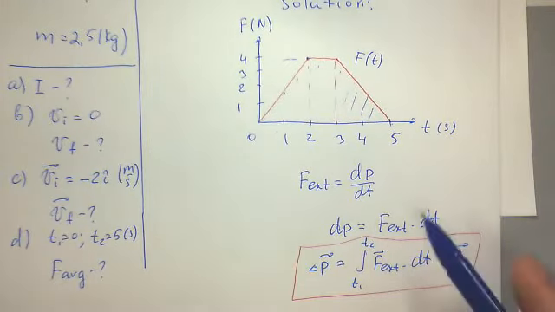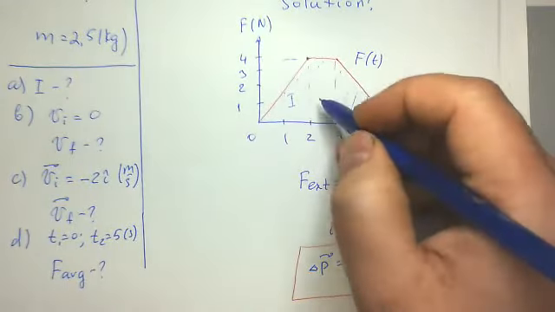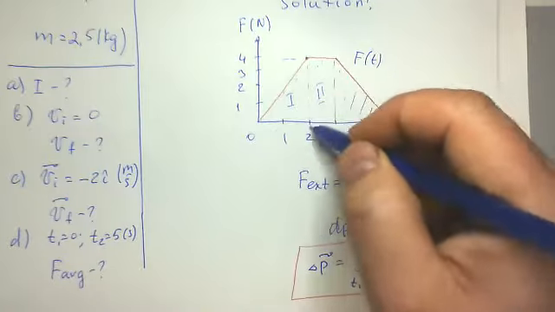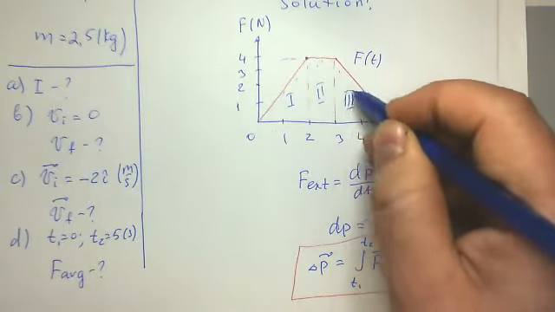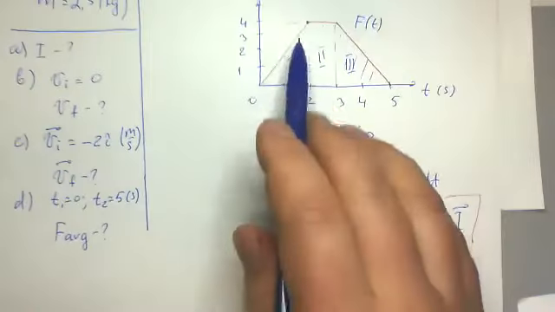Okay. So this figure consists of 3 parts. This is the first part, a right triangle. Here is a rectangle. And the third part, again, a right triangle. So it's easy to find the total area of this figure.